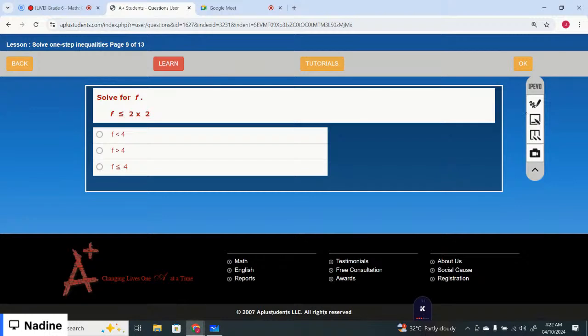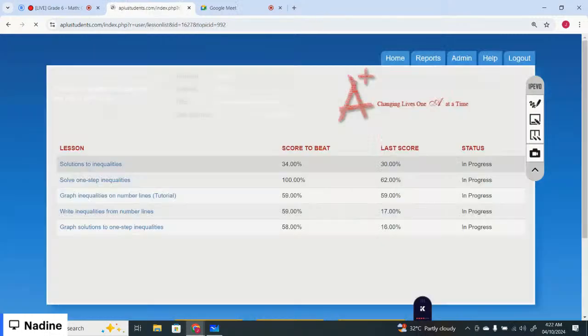F is less than or equal to 4. Option number 3 is the correct option, right? Okay, you can complete the lesson by yourself later today. Let's just move on to the next lesson.